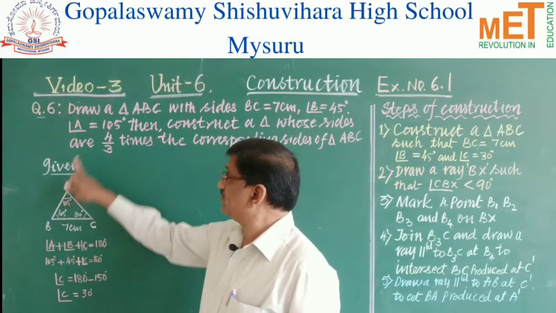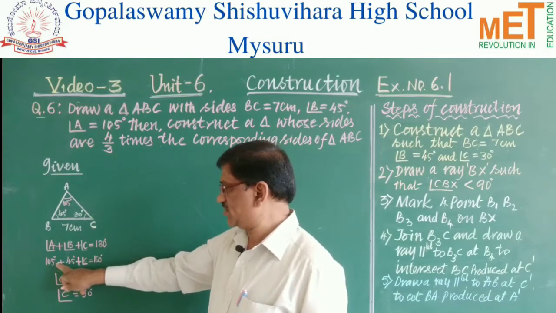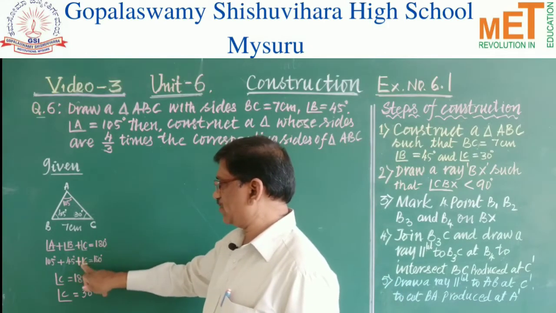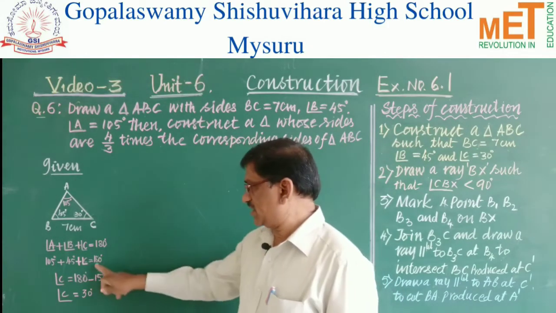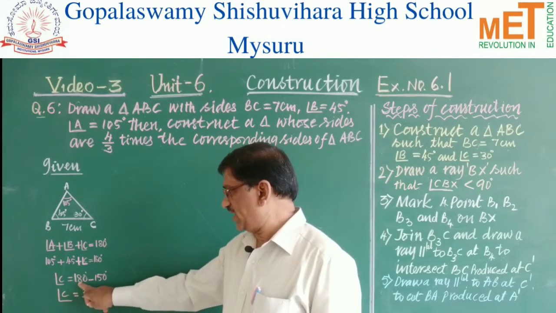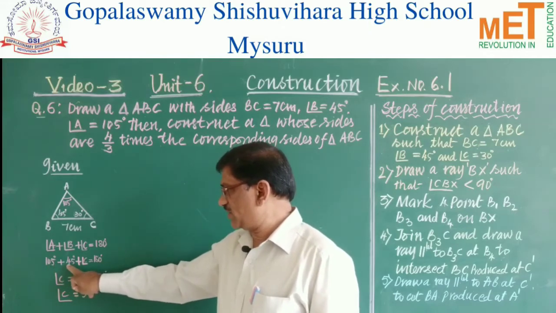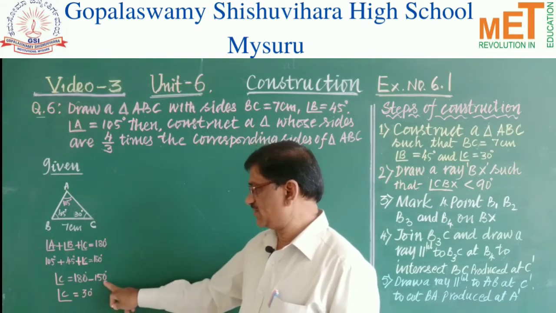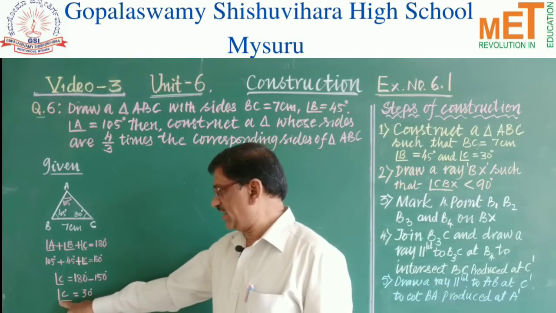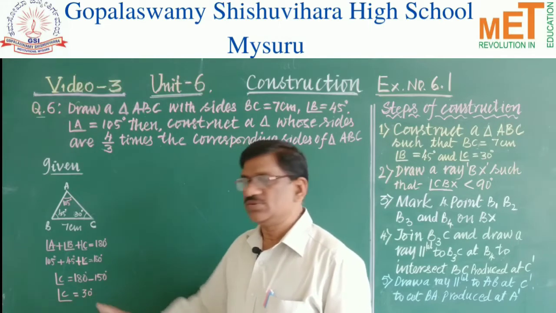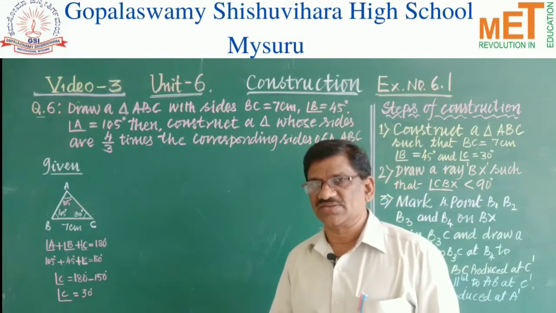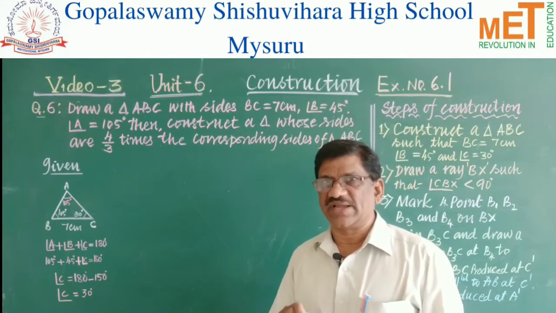Angle A they have given 105 degree, I have substituted, plus angle B is equal to 45 degree, plus we don't know the angle C, that is equal to 180 degree. So angle C is equal to 180 minus the sum of 105 and 45, that is 150. You take away 150 from 180 degree, then it gives angle C is equal to 30 degree. Understood, children? You have to remember this while constructing the triangle.